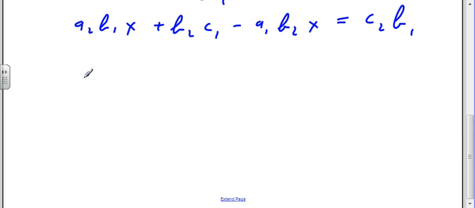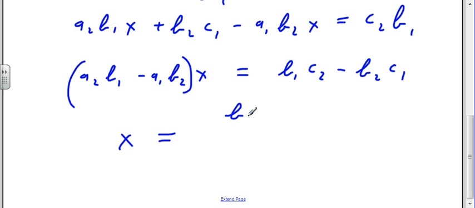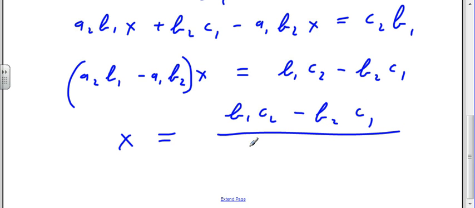And then I could say a2b1 minus a1b2 times x is equal to b1c2 minus b2c1. And then I could say that x is b1c2 minus b2c1 divided by a2b1 minus a1b2. And then I'd be done.